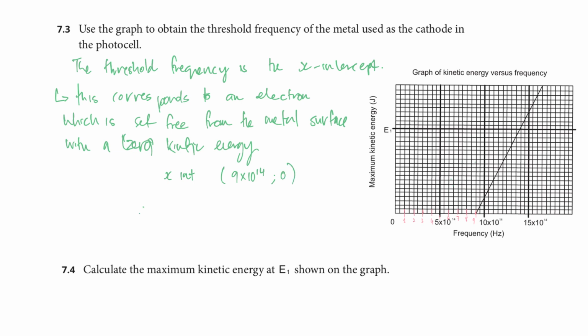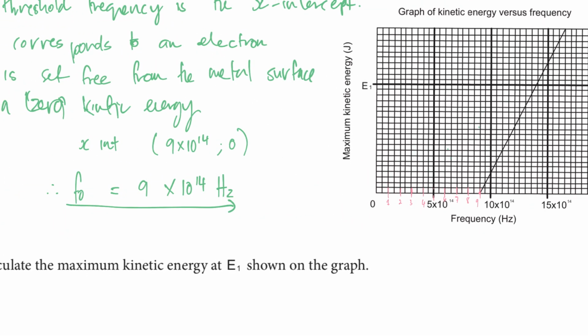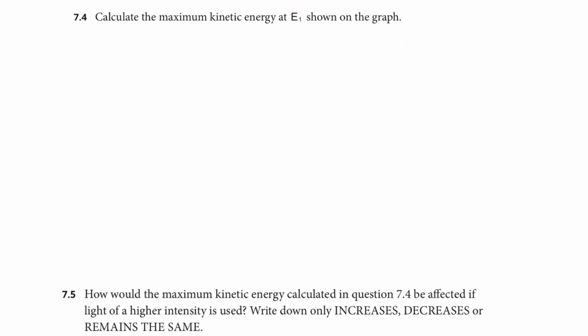Therefore your threshold frequency is equal to 9 times 10 to the power of 14 hertz. And there's your answer for question 7.3. Just make sure that when you get into the graph, you get quite detailed so that you can get the exact value.